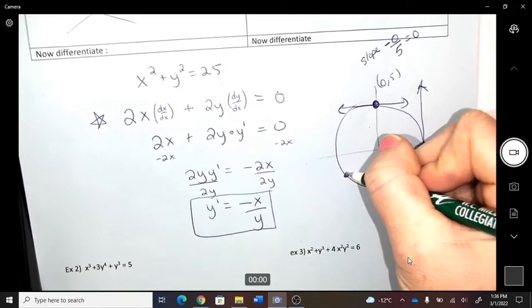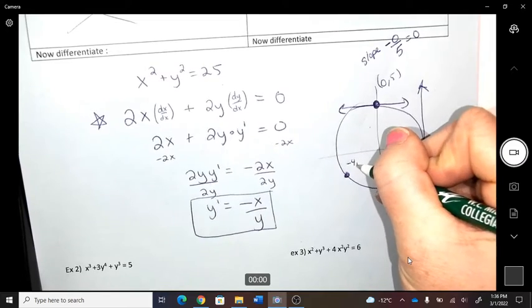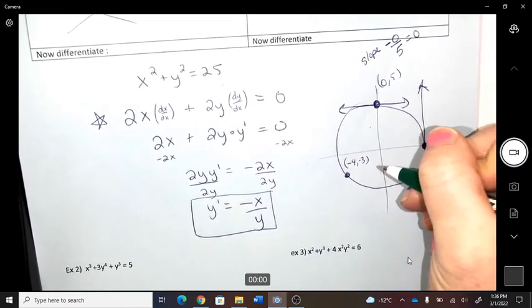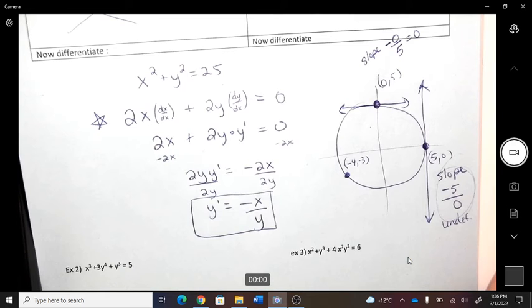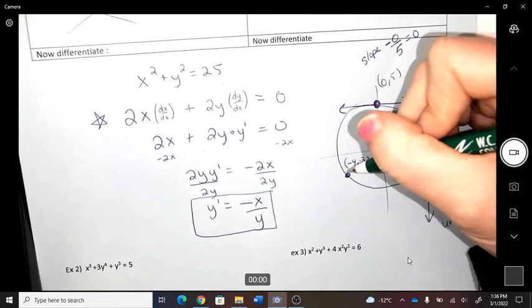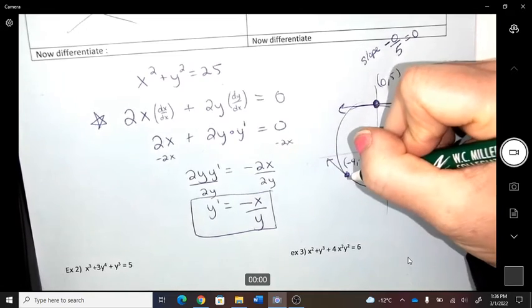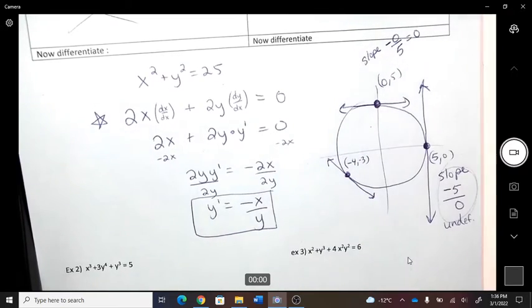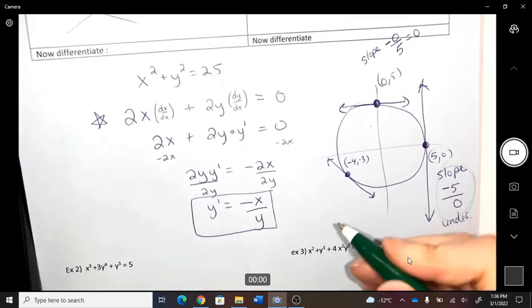Right here, you would have the coordinate negative 4, negative 3. That coordinate would be on that circle. This would be the slope of that tangent line. Let's plug it in.